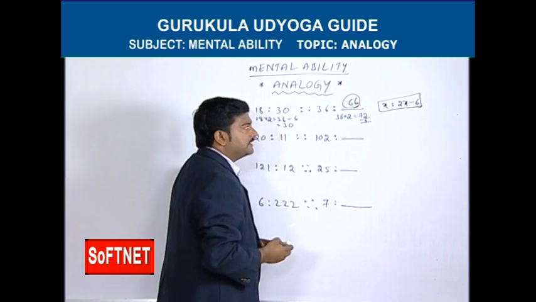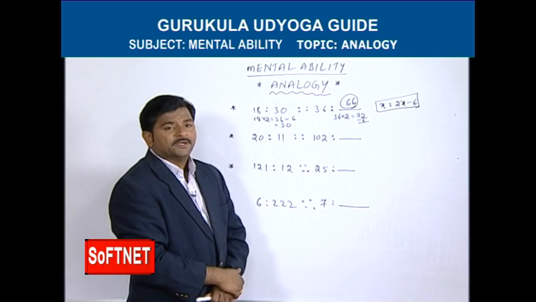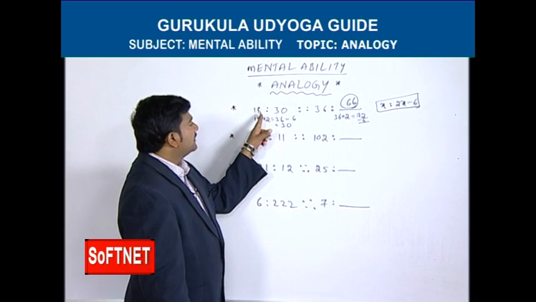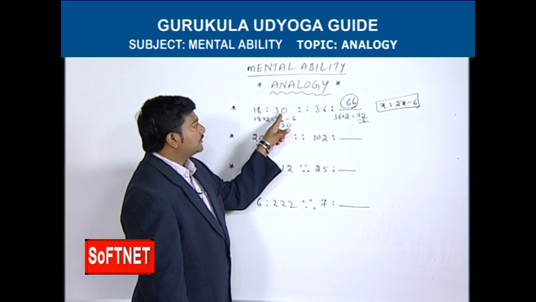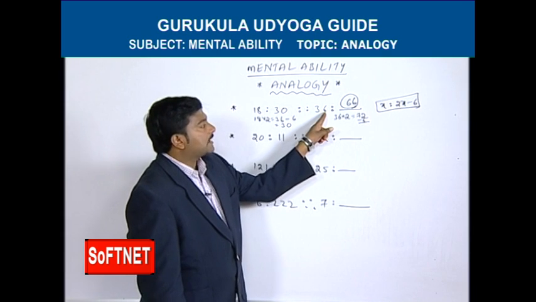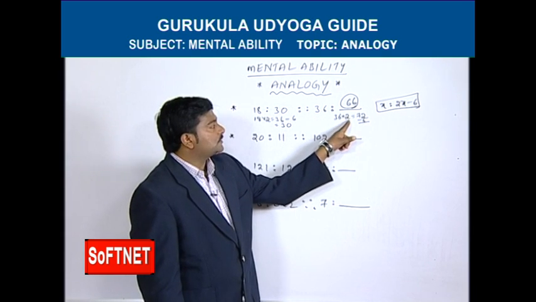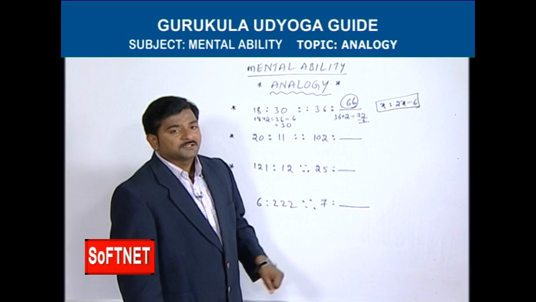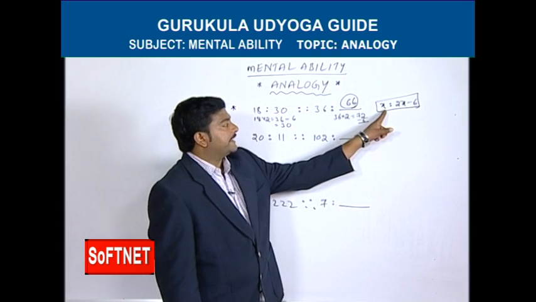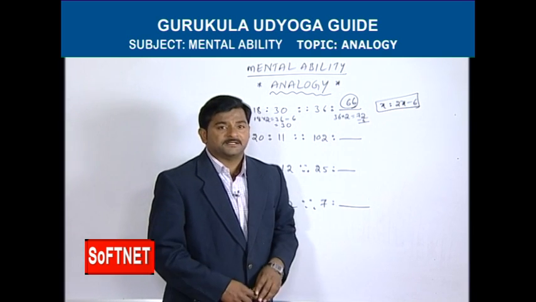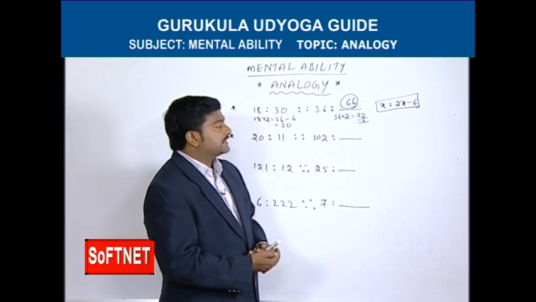I repeat once again, x is to 2x minus 6 model. What does it mean? 18 into 2 minus 6, 36 into 2 minus 6. That's why the concept involved in this is x is to 2x minus 6. I hope you understood this concept also.